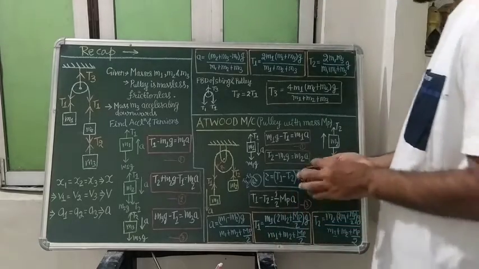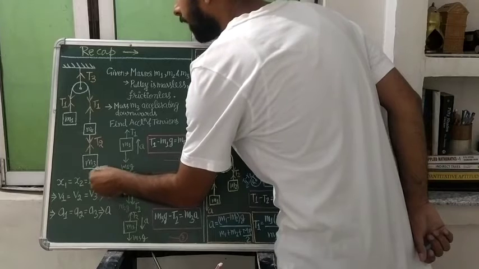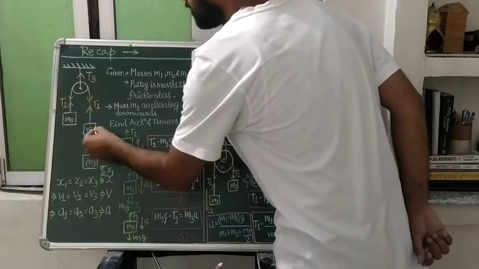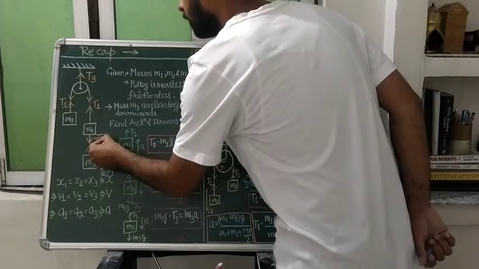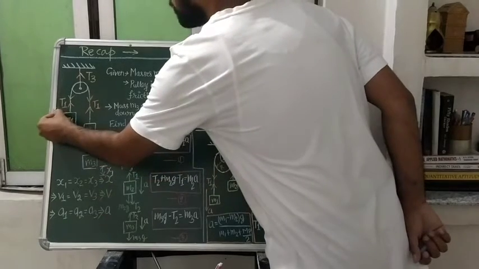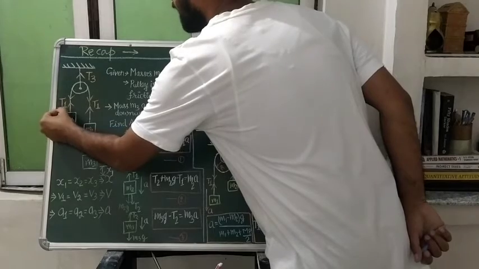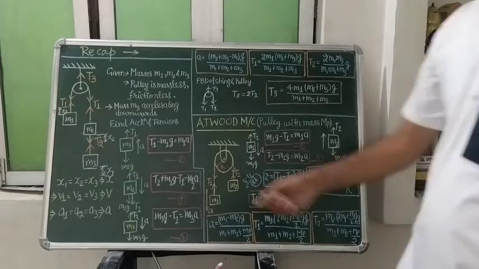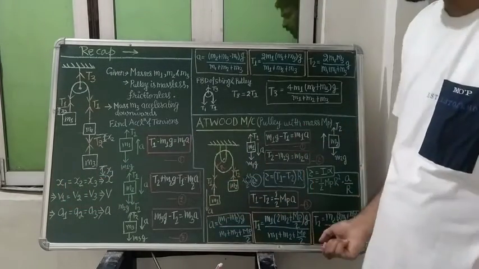Look, student, I told you that suppose M1 moves a distance x1, it is accelerating. Suppose this one moves a distance x2 in the downward direction, so obviously this is going to move some distance x3 upward. So x1 will be equal to x2 will be equal to x3.